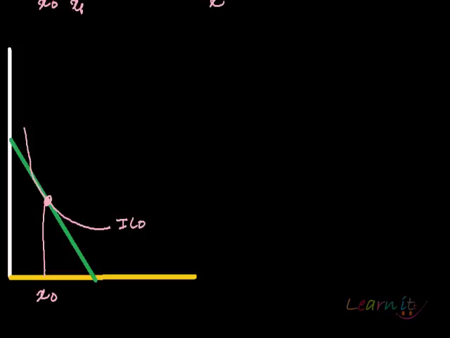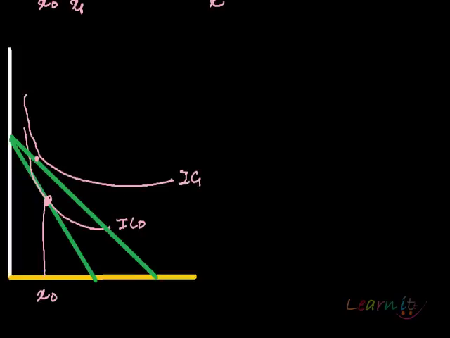In that case the budget line is going to shift like this, and he will start consuming less of this commodity, since it is a Giffen good. So as you can see, this equilibrium E1 is of course lesser than your E0 in terms of X.